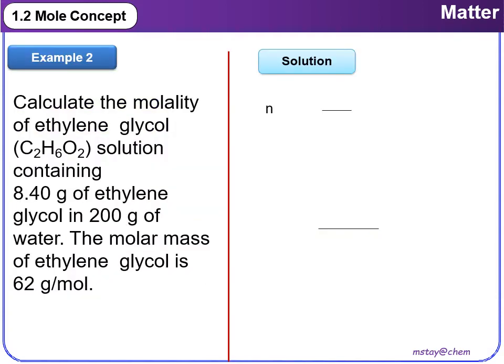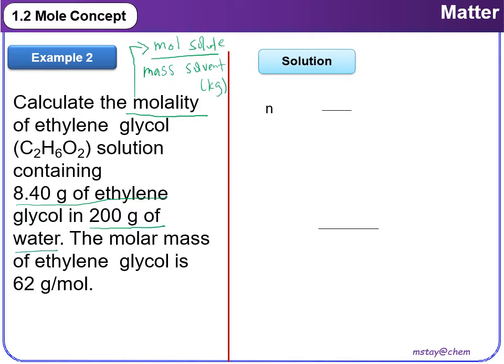Now let's look at example number 2. Calculate the molality. When you read the question, we can start to recall the formula for molality: mole of solute over mass of solvent in kilogram. The solution contains 8.4 gram of ethylene glycol in 200 gram of water.